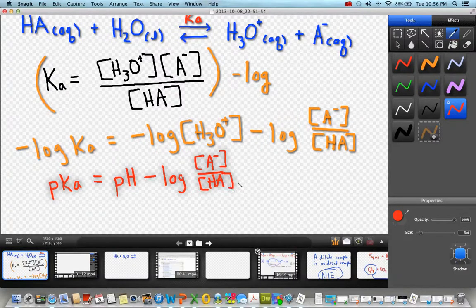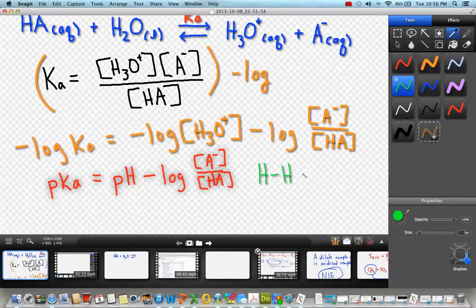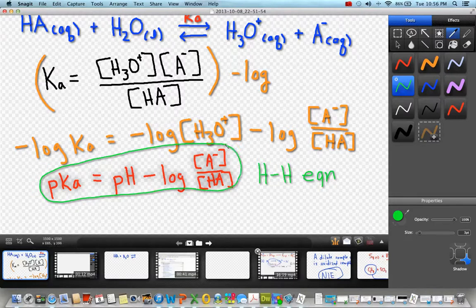This expression is better known as the Henderson-Hasselbalch equation. A real important result that we will use throughout the next couple of weeks in class to solve practical problems.